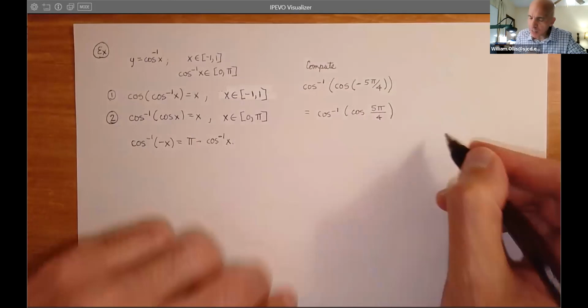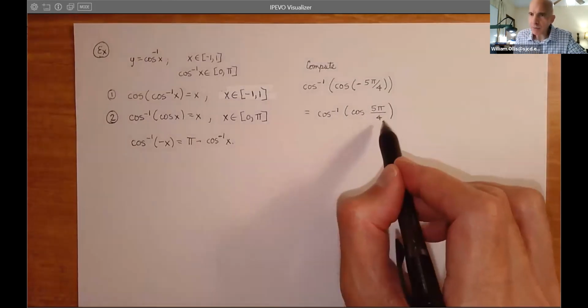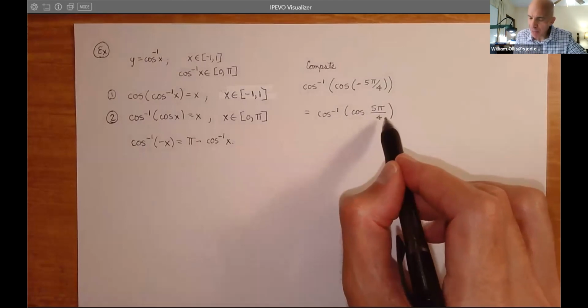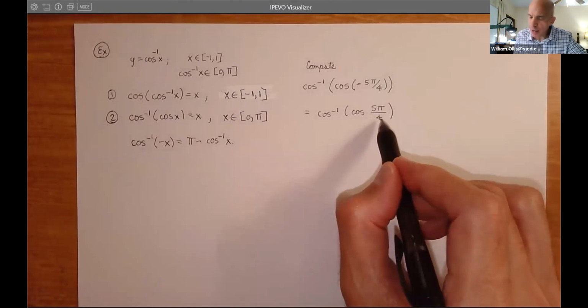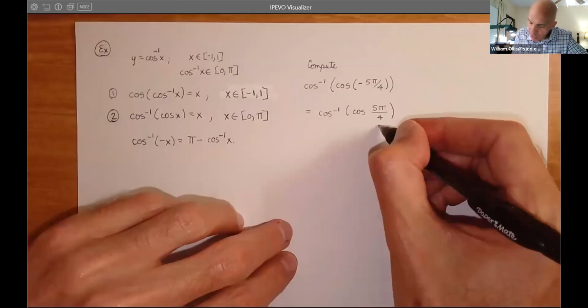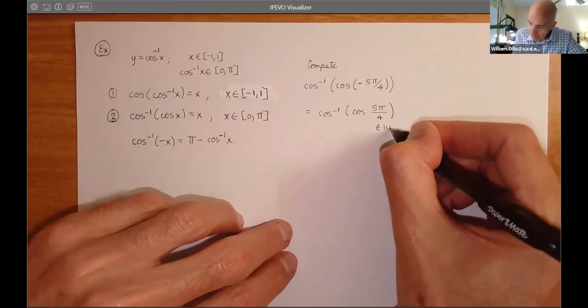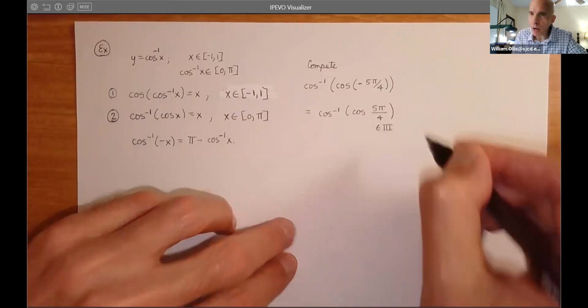And now we look at this and say, okay, well, where does this live? We're thinking 5 pi over 4. So this is just pi plus pi over 4. This lives in the third quadrant.